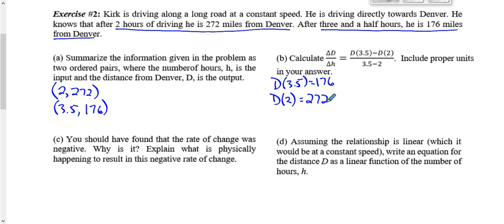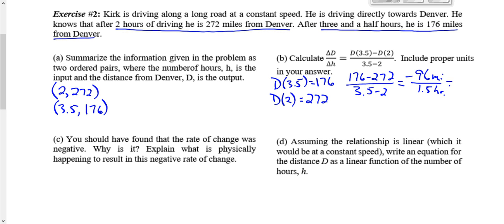Okay. All right. So what are we going to put on top here? Over the inputs that made them happen. Right? We get what? Negative 96 miles over 1.5 hours.